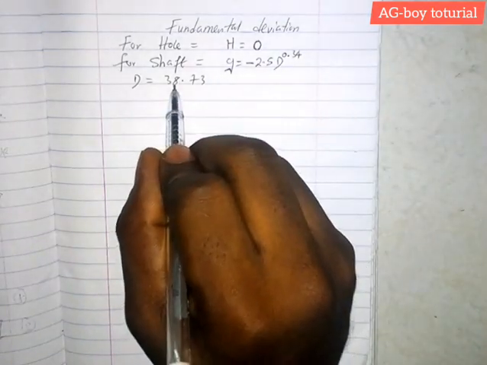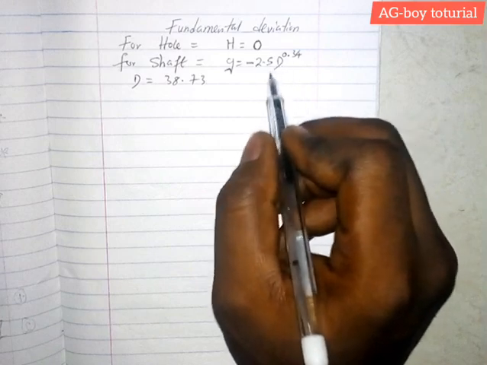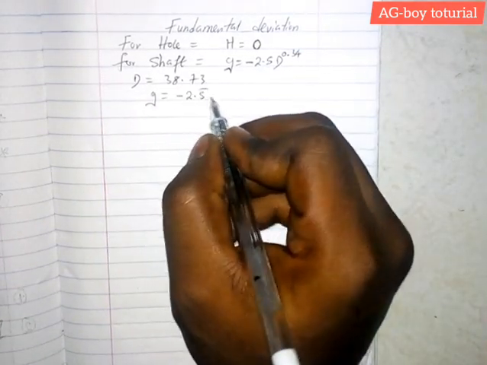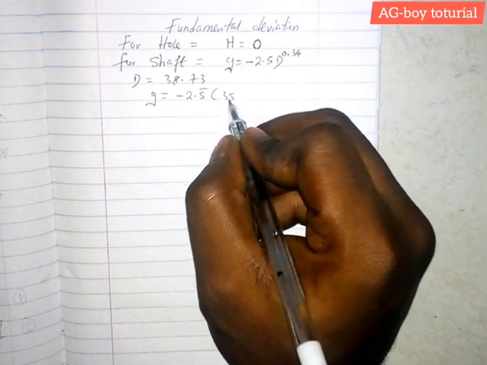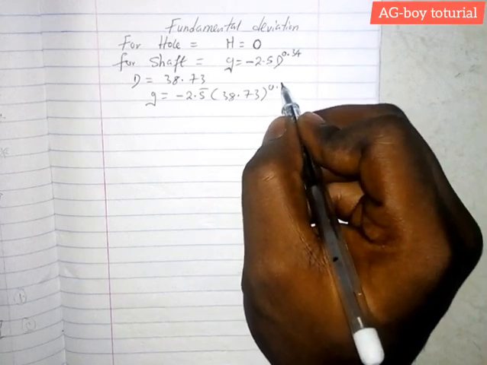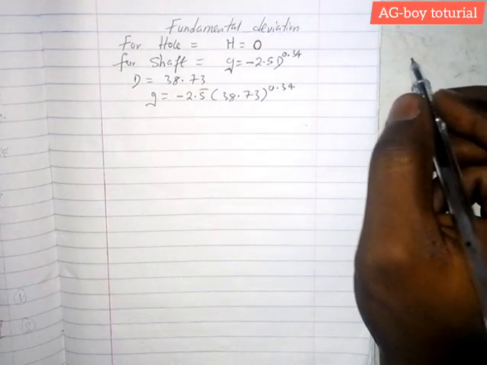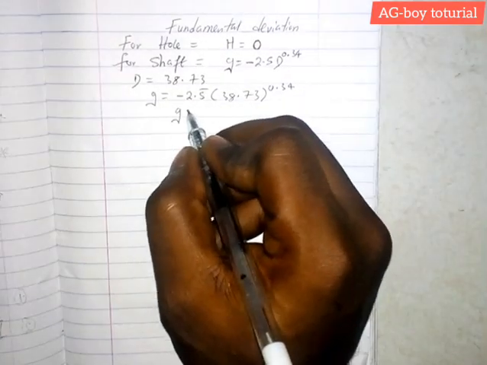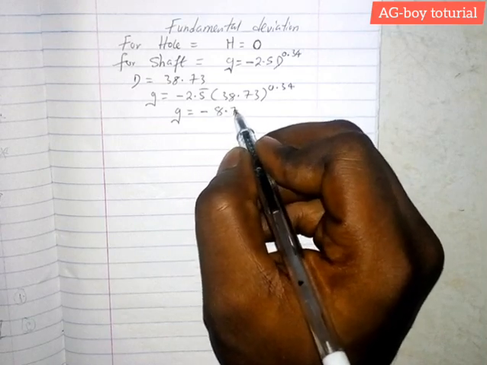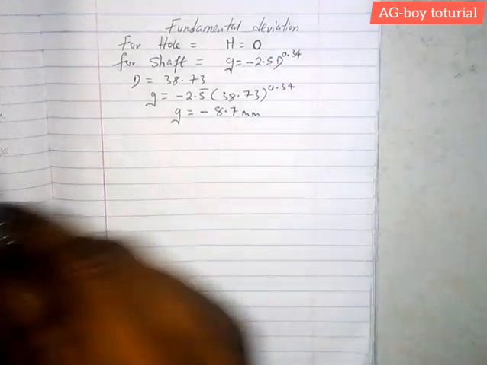So we are going to install this D into this G formula. So G is equal to minus 2.5 brackets of 38.73 bracket close to the power 0.34. So by the time you calculate all of this, we are going to have our G as minus 8.7 mm. So that's for that.